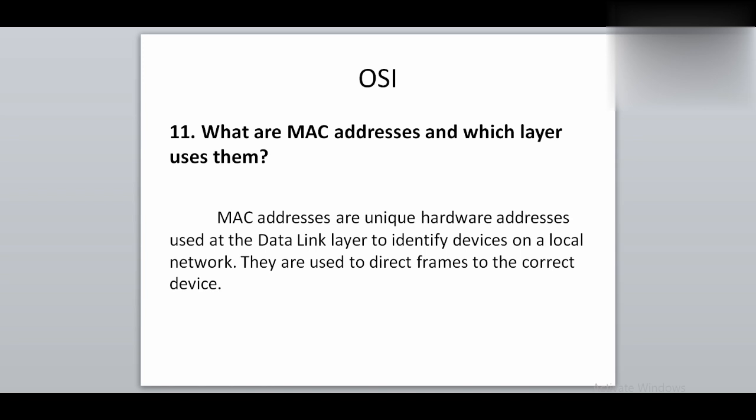In the data link layer, the data is in the form of frames. With the help of the MAC address, the data link layer sends the data to the destination.